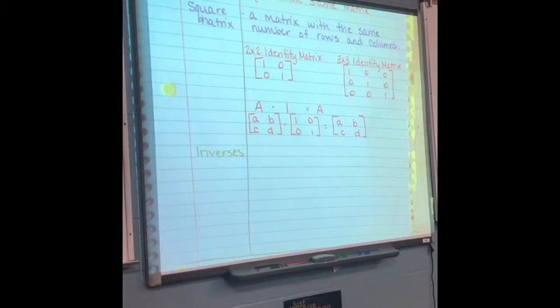And to be inverses, two matrices multiplied together will result in the identity matrix.